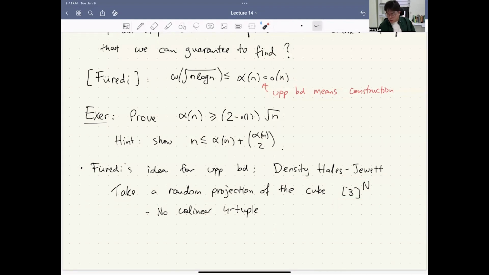DHJ says that any positive fraction of this cube contains a combinatorial line, which is 3 points on a line. Now, this collinear triple is preserved by projection. So that's it.